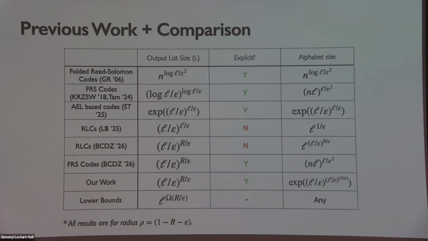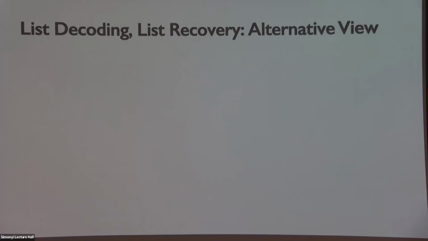In fact, I should also mention that if someone comes up tomorrow and shows a better bound for RLCs, then that automatically transfers to our result as well because of the nature of our result. Okay, I'll talk more about the nature of our result now, but before that, I'll have to take a short detour to talk about an alternate view for both list decoding and list recovery, which will help us get our result.